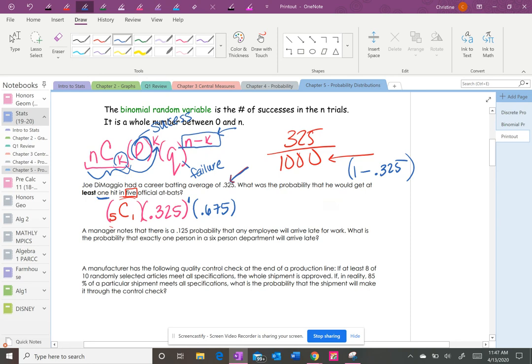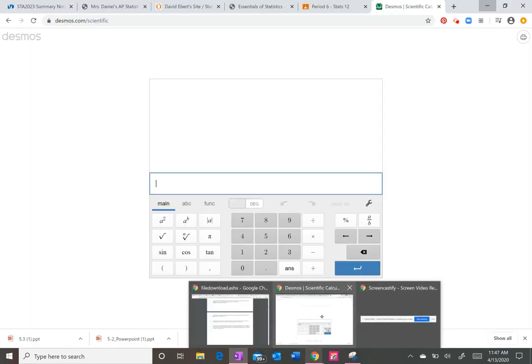Okay. Now, these numbers should make sense because this totals to be 1. So you're doing the probability of it happening and the probability of it not happening. How many times do you want it to happen? 1. How many chances are you giving him? 5. So that means that 4 of the times you want it to be a failure. Okay. Remember, you can use the calculator that I linked for you to do this, which I will do now.